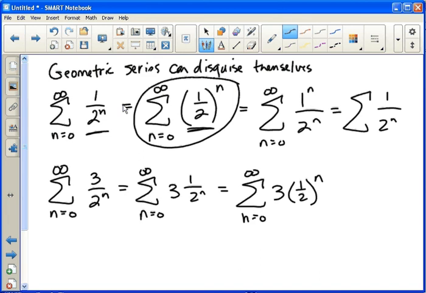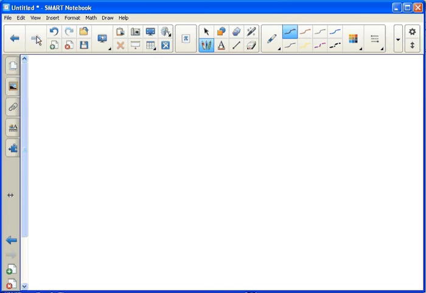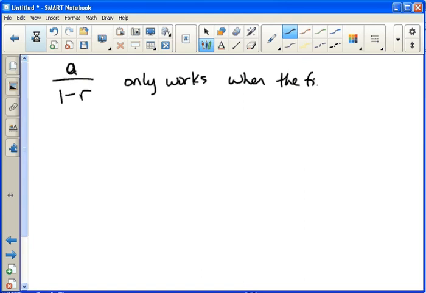Okay, the other tricky thing they'll try to do has to do with the sum. The formula a over 1 minus r only works when the first term is a times r to the 0. So just to pull up an example, this is one like we just wrote, 3 times 1/2 to the n.